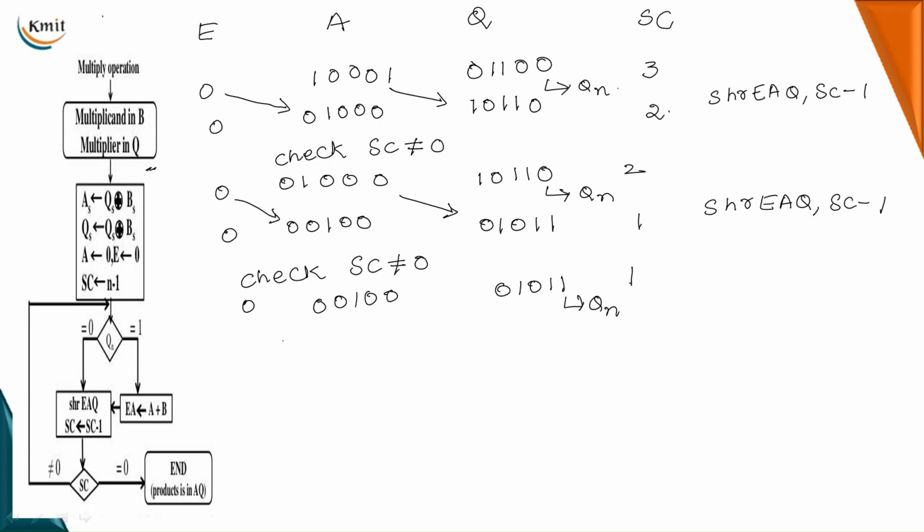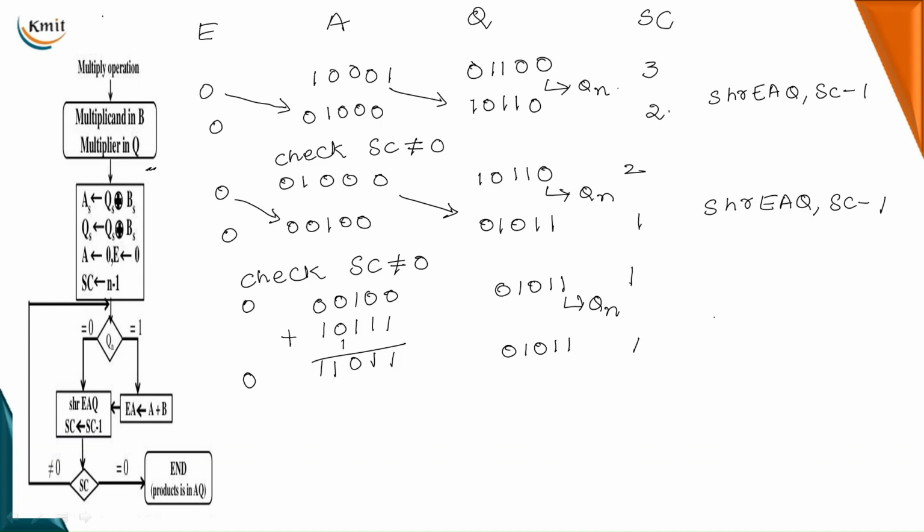So this is the content of A, and what is B? 10111. Add them. 1 1 1 plus 1 1 0 1 1, and there is no carry, so E is 0, and 01011 and 1.